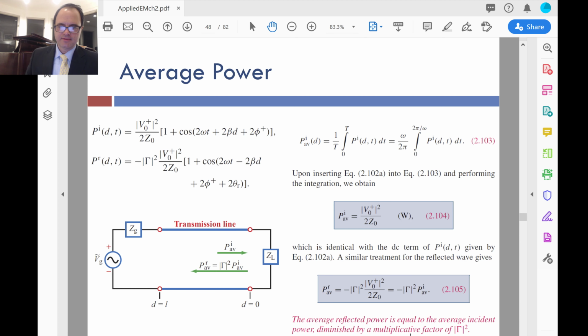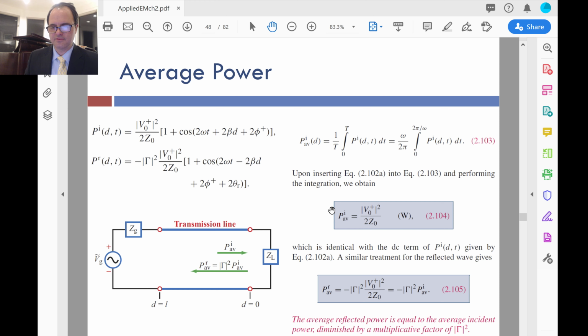Typically, we're interested in the average power, and so therefore we're going to take the integral over this and then divide through by one period. That's not a hard integral at all to do. It is a constant term plus this cosine term, and the cosine term will not contribute anything. It's only the DC term.